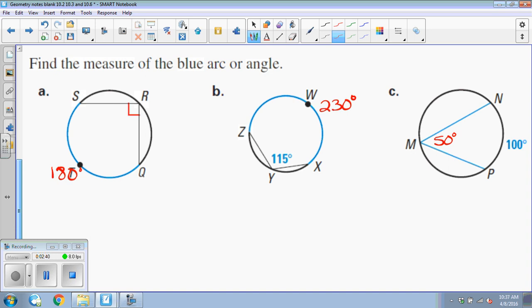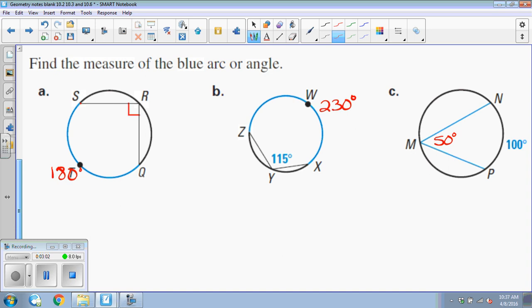If a side of an inscribed triangle is a diameter, then it is a right triangle. Let's look at this figure right here. This is a theorem that they put as a kind of a fancy rule, but it's very logical. You should already be able to see this.